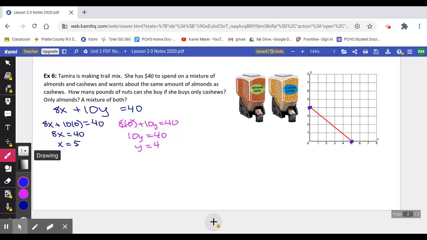So the first question is, well, how many pounds would it have to be if it's only cashews? Okay, so remember, we called cashews the y. So if I look and I say, oh, okay, well, what was my y-intercept? That was 4. So if it's only cashews, then we would need 4 pounds.